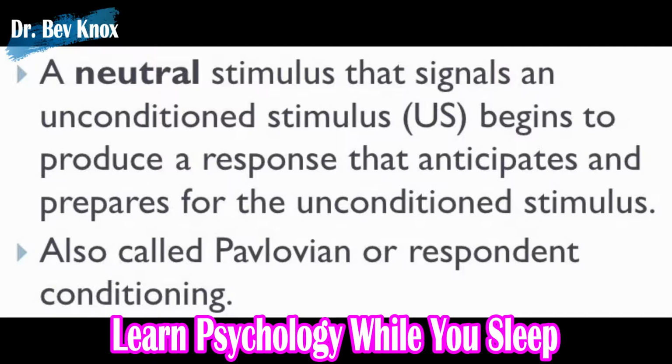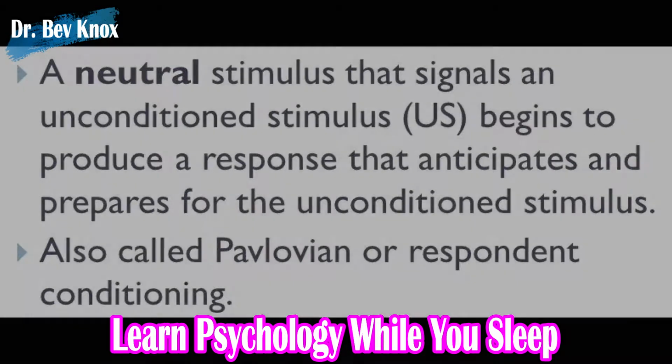Conditioning occurs when the neutral stimulus is repeatedly presented just before the unconditioned stimulus. After repeated pairing, the neutral stimulus elicits the same response that the unconditioned stimulus brings about. When this occurs, the neutral stimulus has become a conditioned stimulus, and the response a conditioned response.